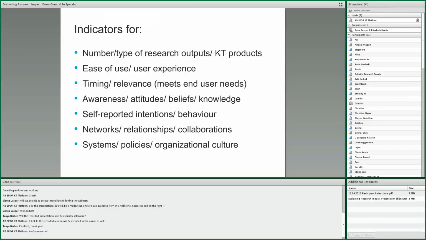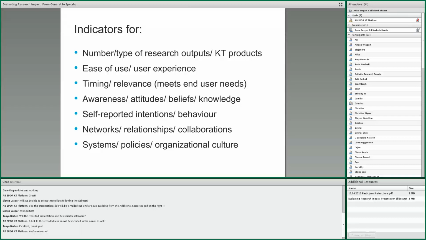Then you can also look at assessing awareness and attitudes, beliefs and knowledge. And these are things that you can assess relatively easily through surveys and focus groups and interviews. Then we get into things like self-reported intentions and behavior, and if you're very well funded, maybe you could even follow people over time in a diary study. You can start to look at how networks and relationships change if you're doing interdisciplinary research.